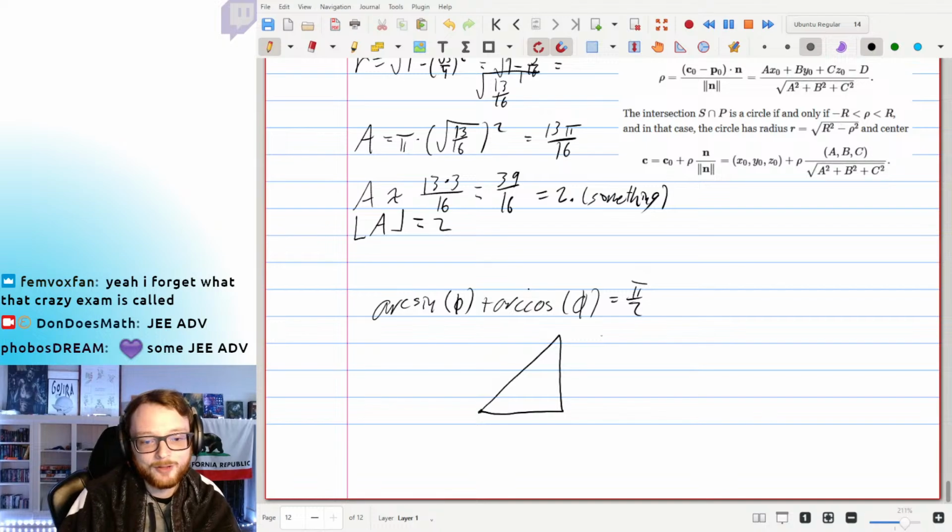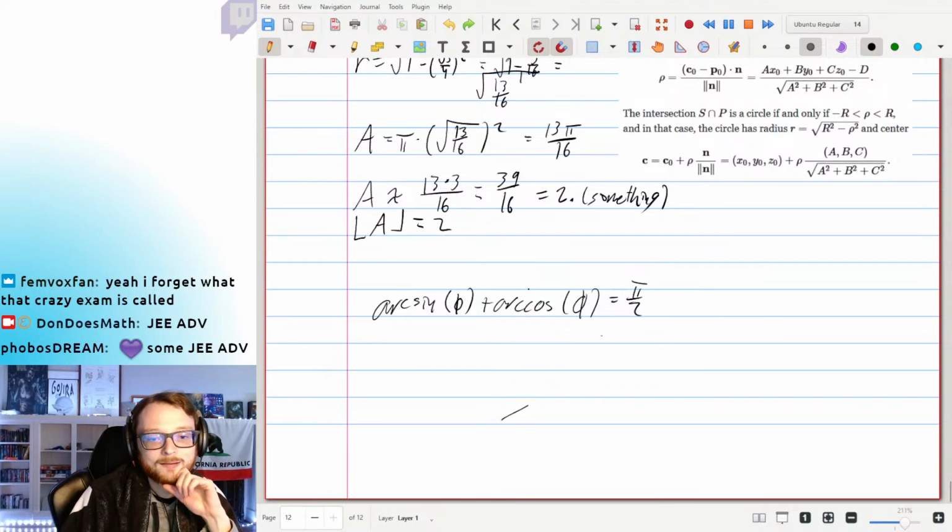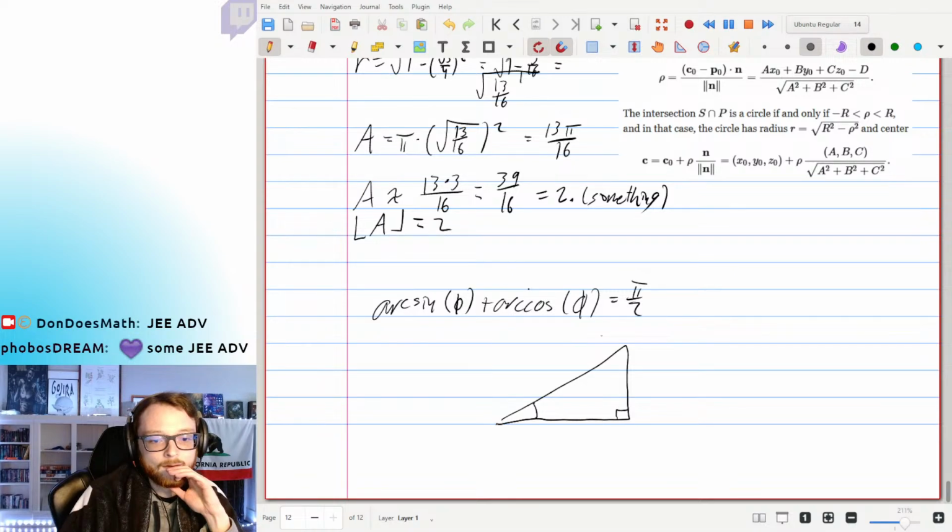We should draw an isosceles right triangle. I think the intuitive explanation for this identity I just wrote here is that, let's just call this angle theta. Because it's a right triangle, we know the other angle is pi over 2 minus theta.